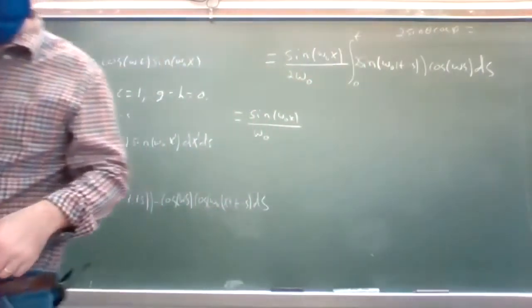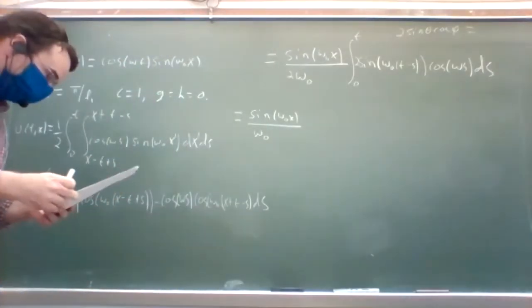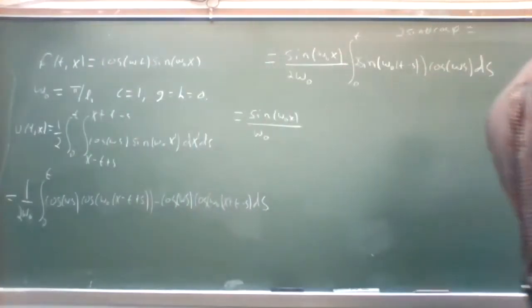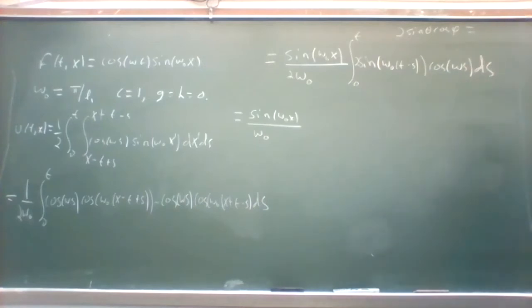I'll just use my little Wikipedia sheet. This was the same one we had before, right? Well, actually, maybe because it's cosine instead of sine, it's a little bit different, but it's the same idea.